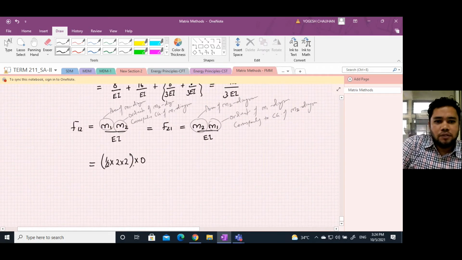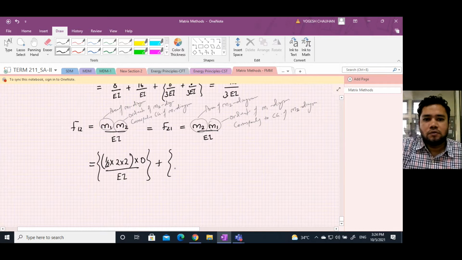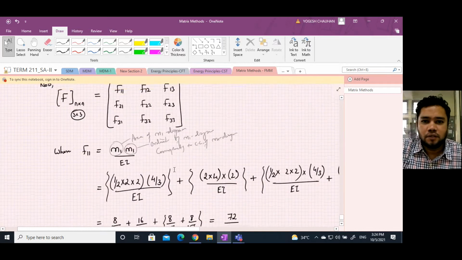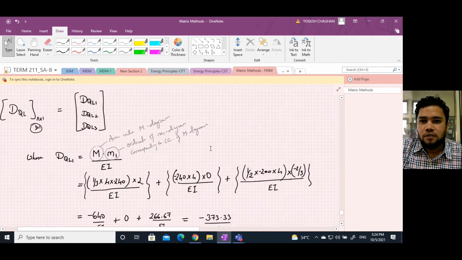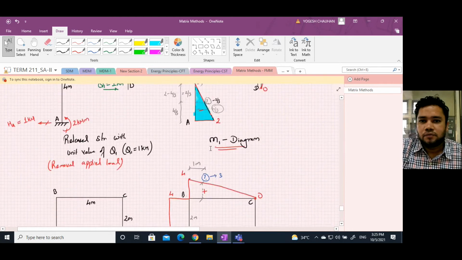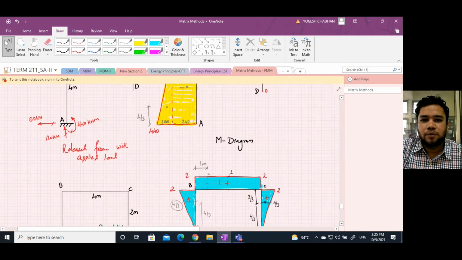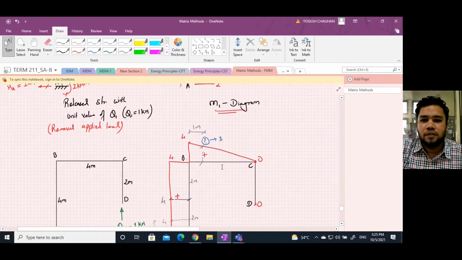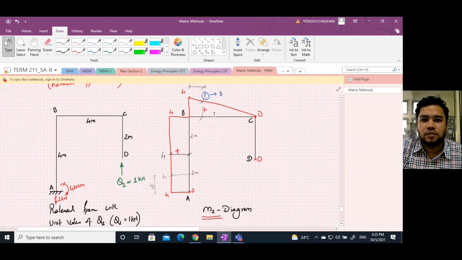So multiply this with 0 divided by EI. Now, second part, area of this rectangle, it will be 2 into 4, and the CG ordinate in M2 diagram corresponding to this.